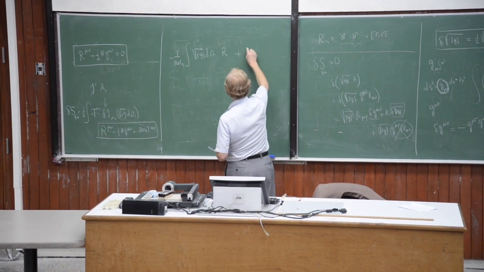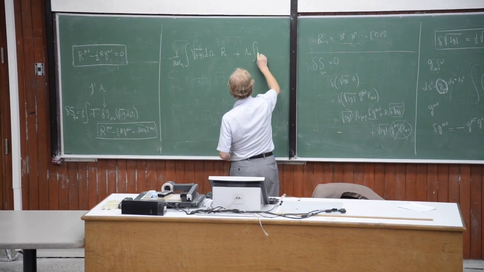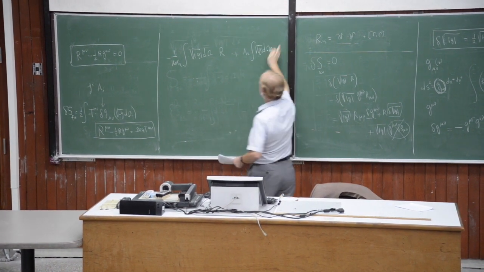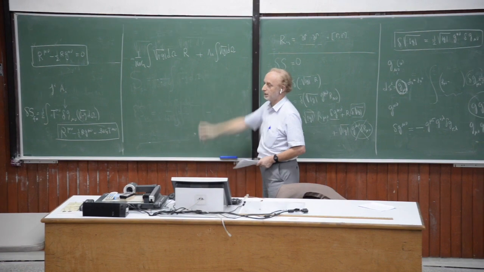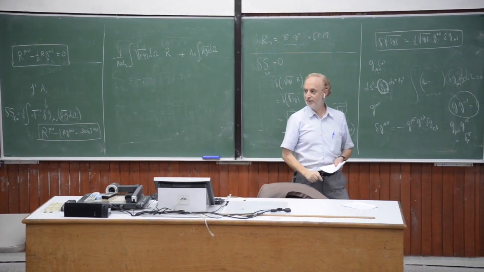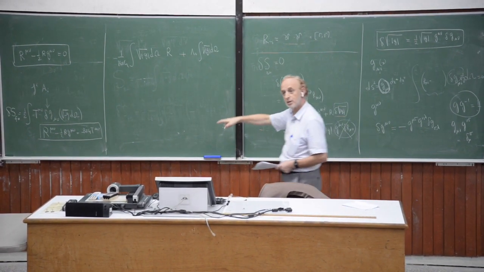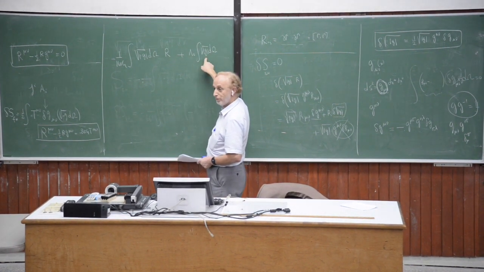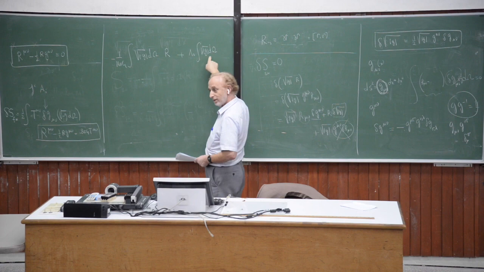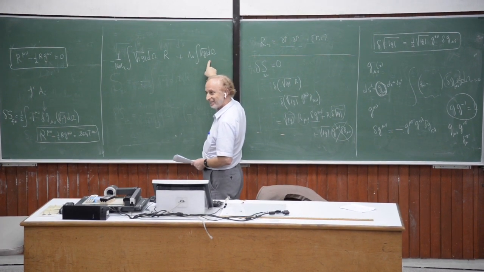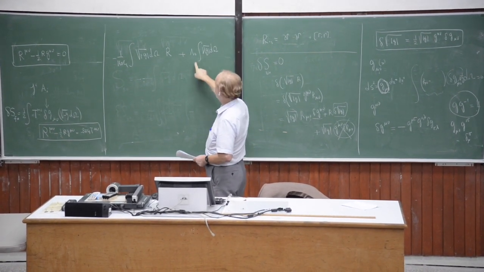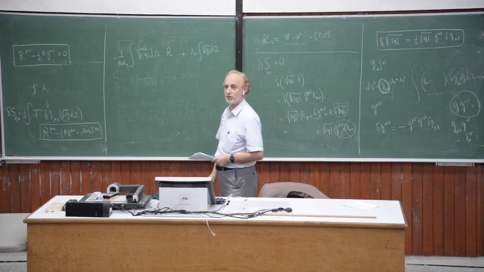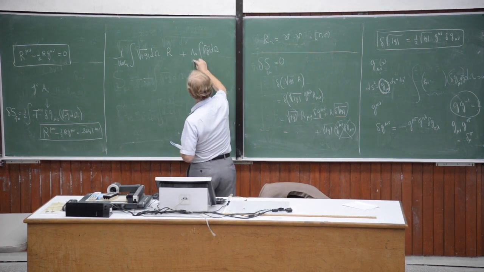That's this one, without the R. This is also an invariant. And it depends on the metric. The metric is here, but it's an invariant. So when I vary, this will contribute. Lambda 0. That's what we call the cosmological constant.